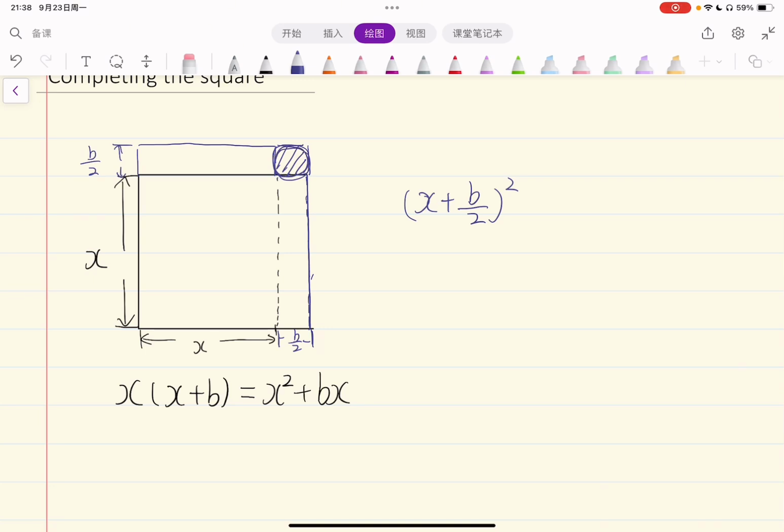So I need to subtract b over 2 squared. That is equal to the area of the rectangle as we started. So this process from x squared plus bx to x plus b over 2 squared minus b over 2 squared, we call it completing the square.